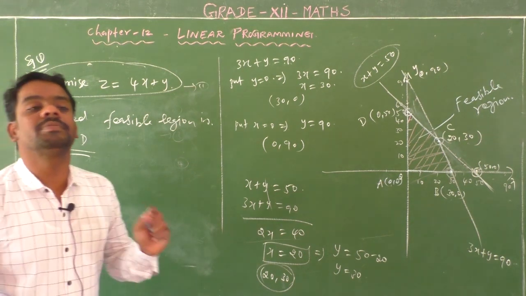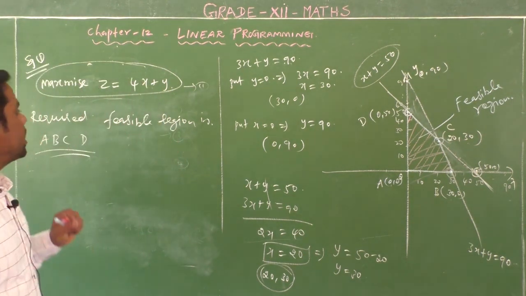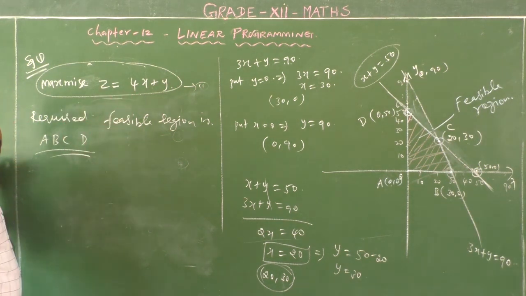So find the optimum value of the given objective function, z equal to 4x plus y.